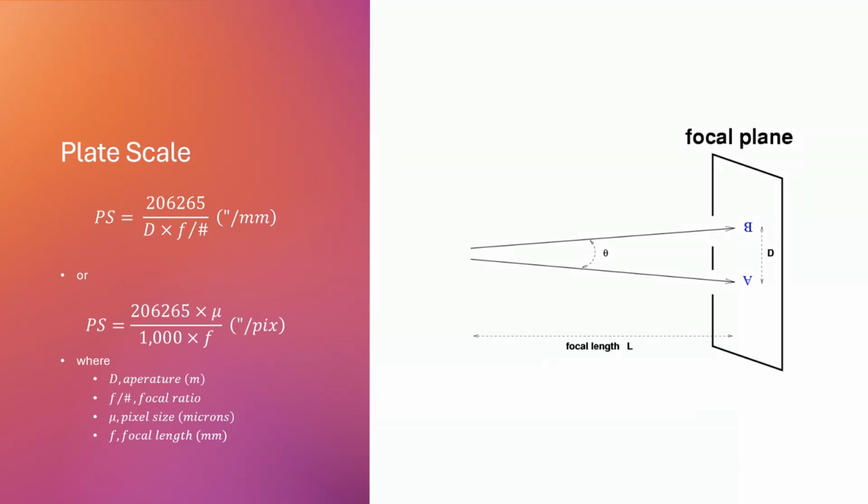Our pixel scale here with our camera is about 0.25 arc seconds per pixel. So what that means is that if you were to measure the angular size on the sky that is providing light to a single pixel, that is 0.25 arc seconds square.